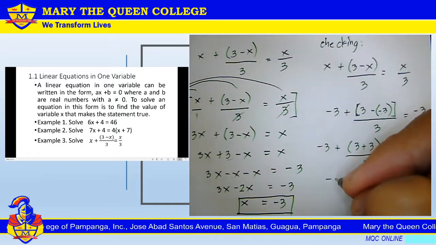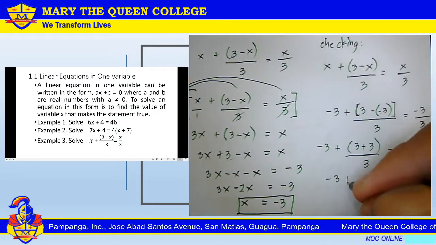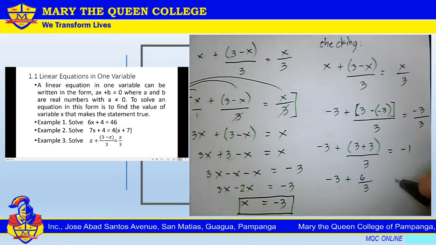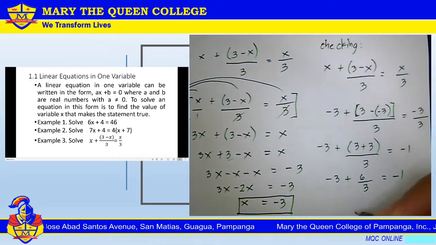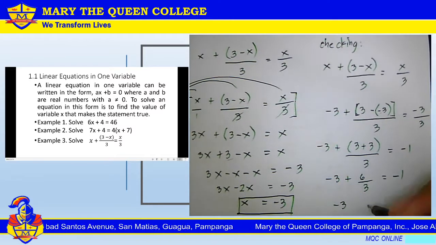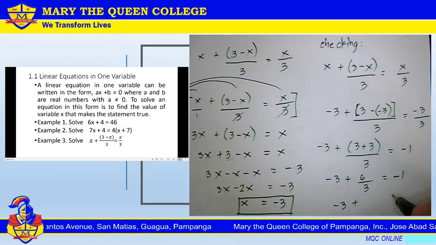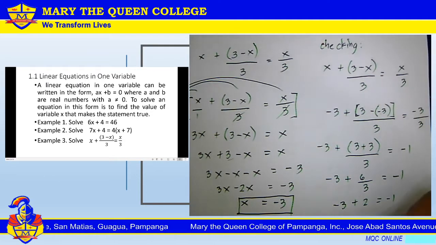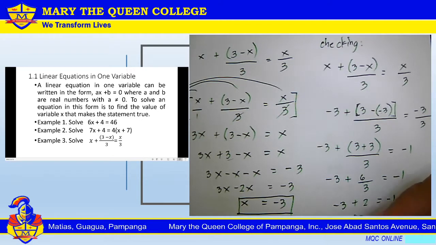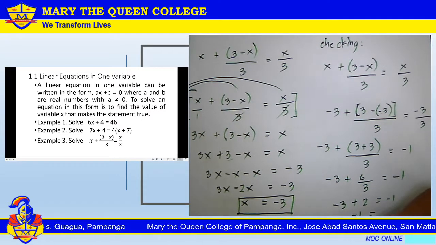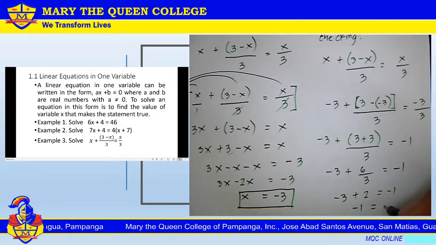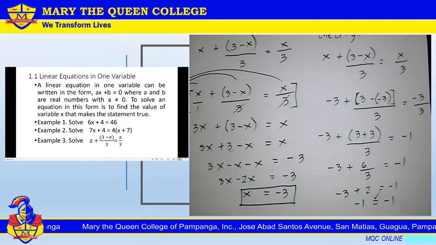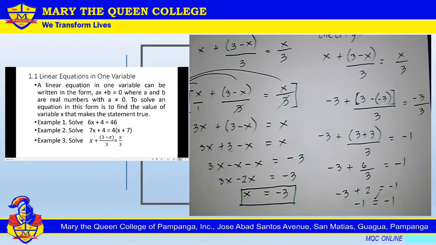So simplifying it further, you will have negative 3 plus 3 plus 3, that would be 6 over 3 is equal to negative 1. So we have negative 3 plus 6 divided by 3 is 2, equal to negative 1. Then negative 3 plus 2, that is negative 1, is equal to negative 1. That means our solution, which is negative 3, is correct.